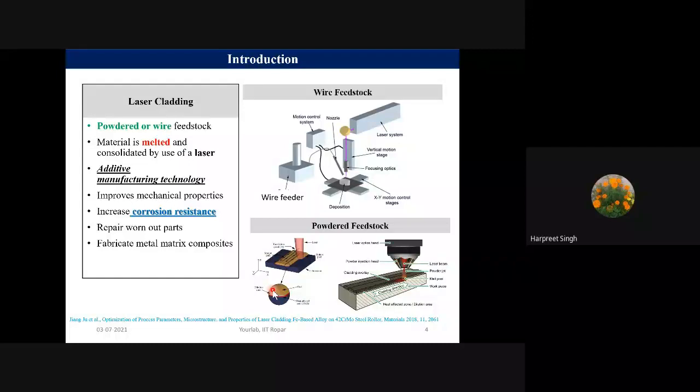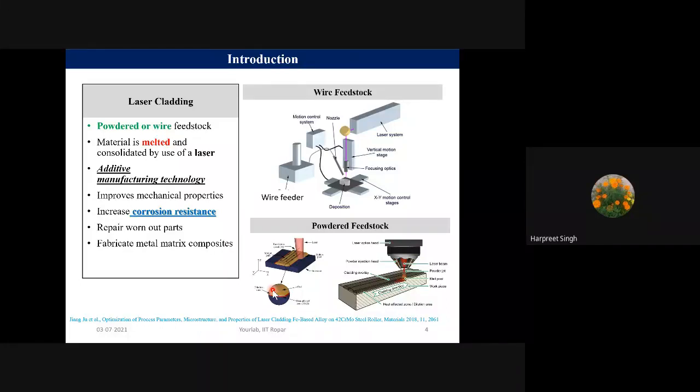Basically, what is additive manufacturing? It is where we develop materials layer by layer, and coating guys are always proud of the fact that they have been doing this layer by layer thing since long. Other people across the globe are now trying interesting work to use laser cladding as an additive manufacturing technique.